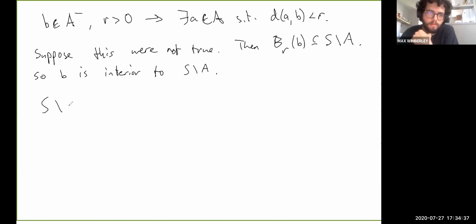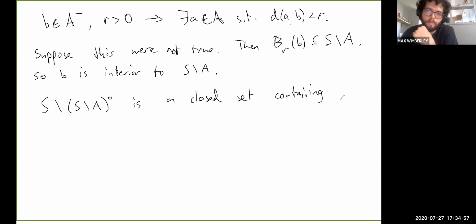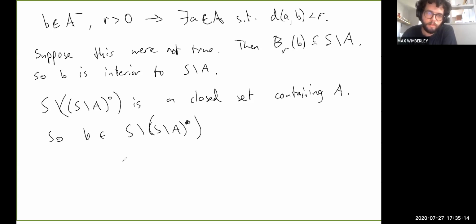And then S minus the interior of the complement, is that what I want? Is a closed set containing A. So B is in, and this is a contradiction, right?